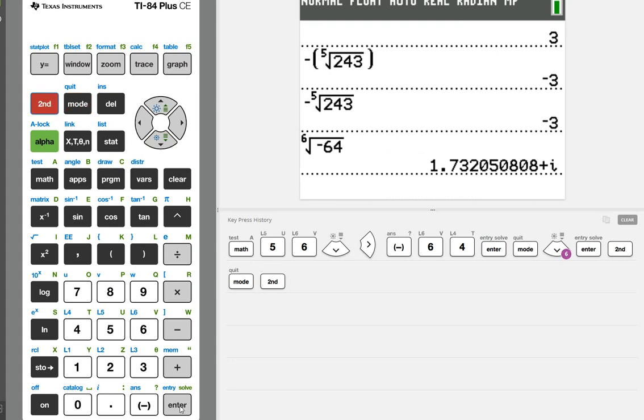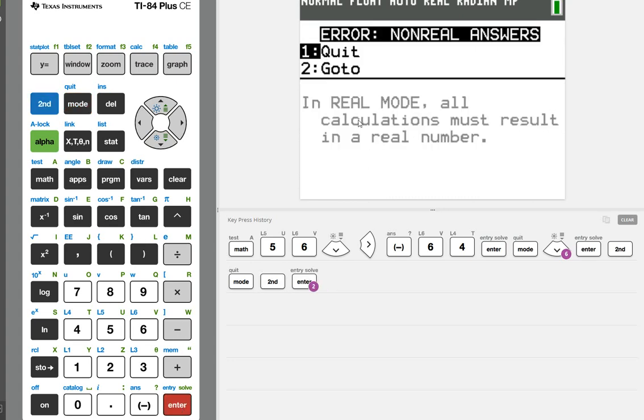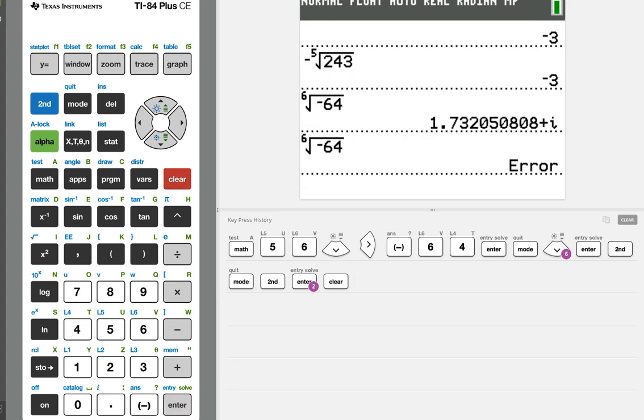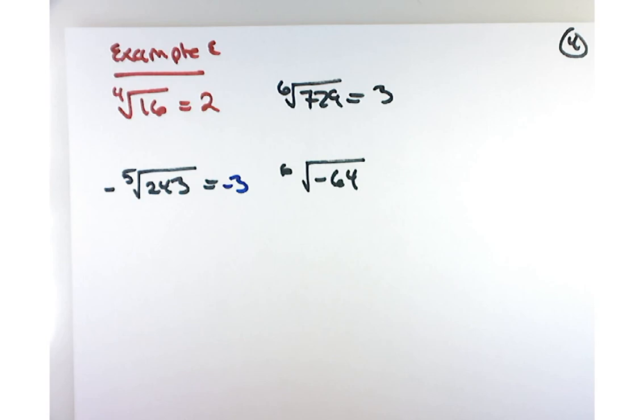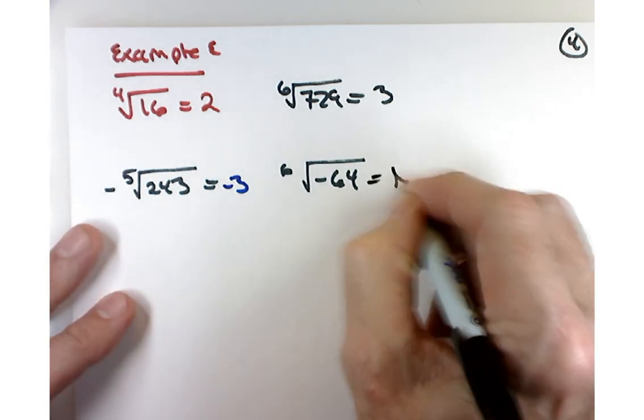You should end up with something like this. That is, you're not getting a real answer. No real answer, not a real number, all the same thing. So this one really essentially is NARN. That is the correct answer here.